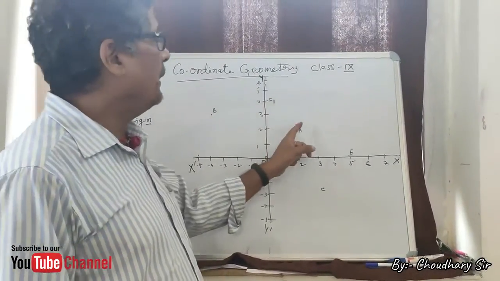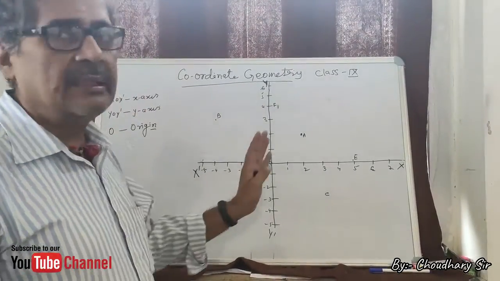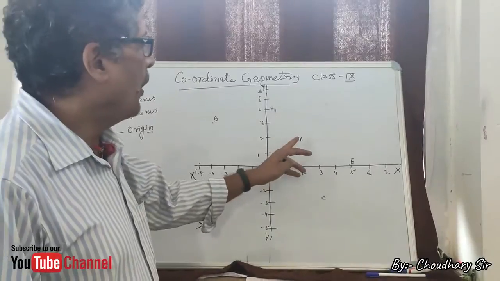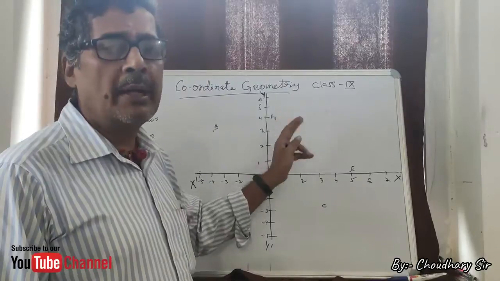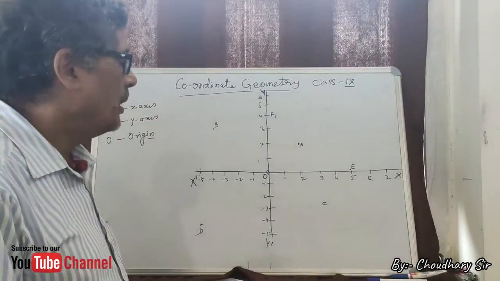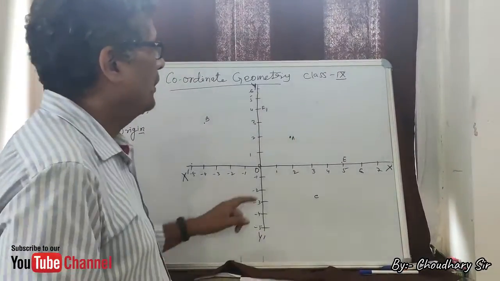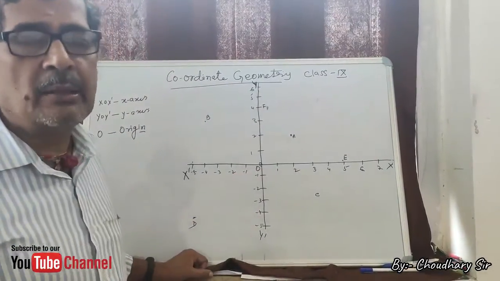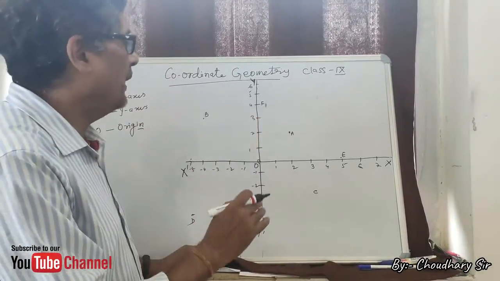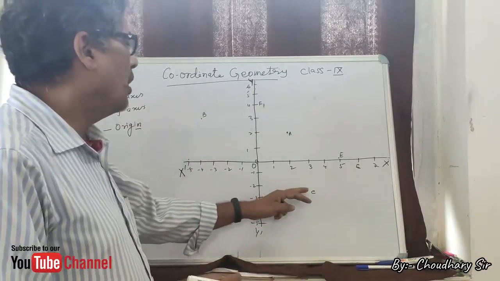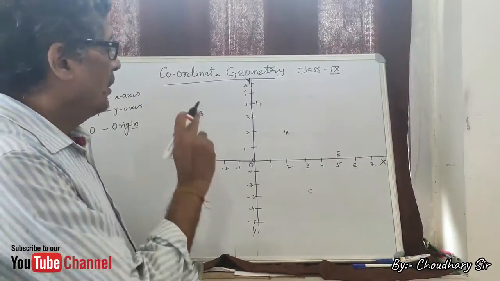So any point can be traced out by the distance of the point along the x-axis or along the y-axis. Okay? Suppose we first take point A. What is the position of point A? How can you locate point A or point B, C, D, E, F?